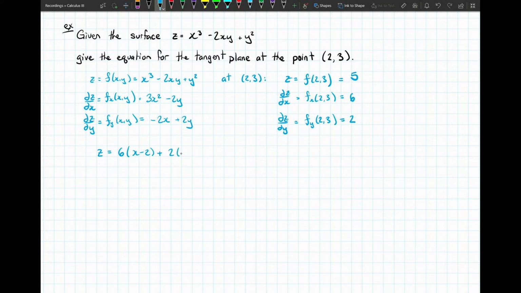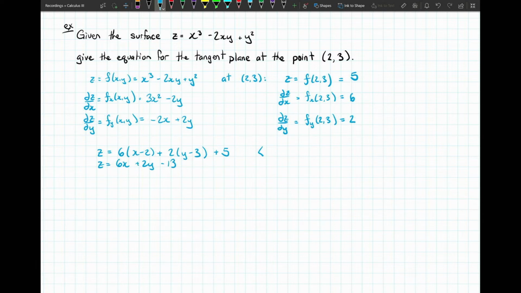That's multiplied by y minus our y coordinate, 3, and then plus our z coordinate, which is 5. And then if we want to go ahead and expand and collect terms, we can get z equals 6x plus 2y minus 13.